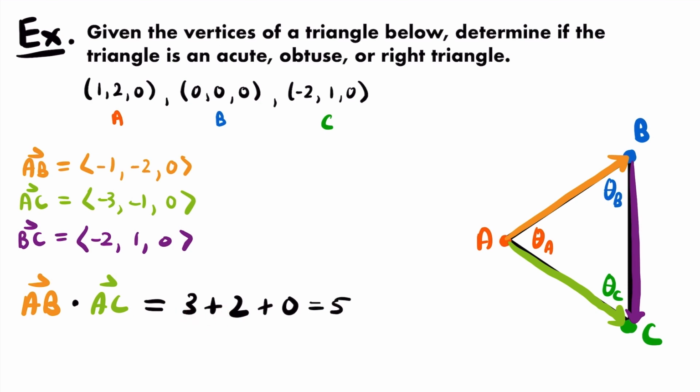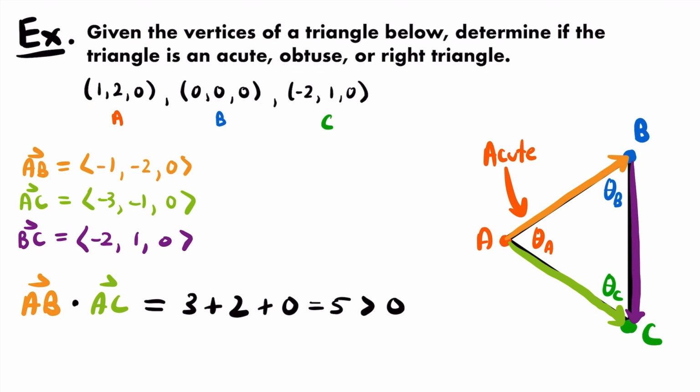Now, here's where those rules from earlier come into play. The dot product of these two vectors is 5, which is greater than 0, which means that the angle between these two vectors, this angle right here, is an acute angle. The dot product is greater than 0. All right, so this angle right here, we now know is acute.